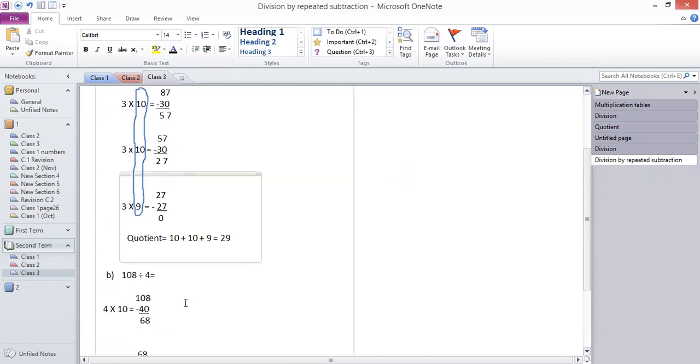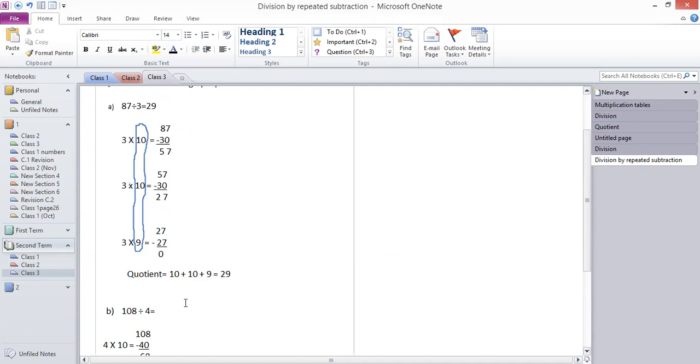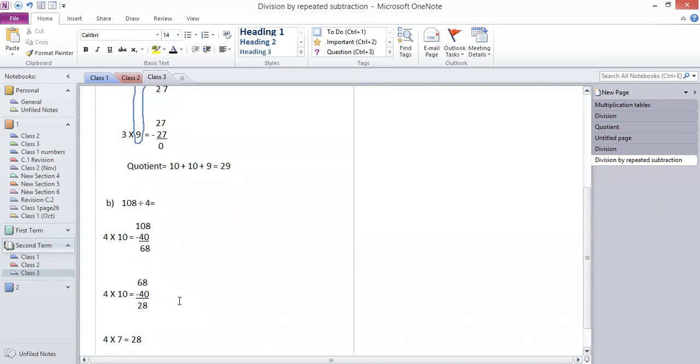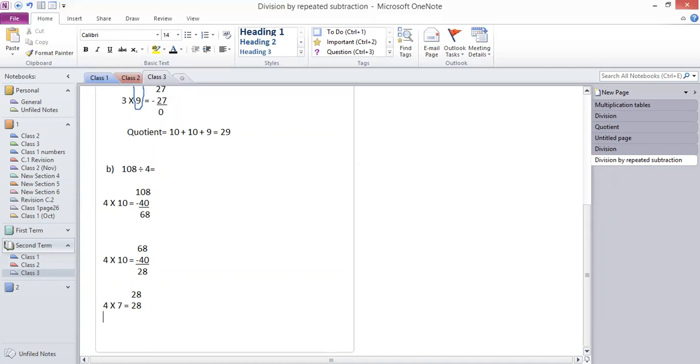Now we will subtract 28 from 28. 28 minus 28 is 0. 8 minus 8 is also 0 and 2 minus 2 is also 0.